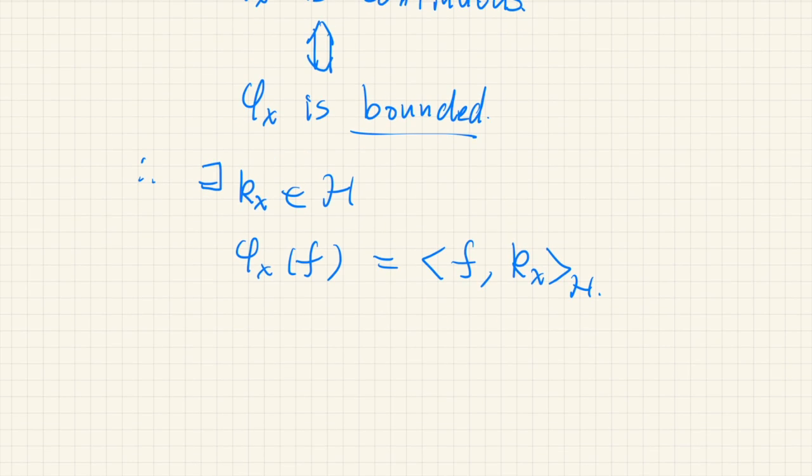Of course, this phi_x(f) is equal to f(x), so that means f(x) is expressed as the inner product between f and kx in the Hilbert space. So functional application can be expressed as an inner product, and that is a characteristic of a reproducing kernel Hilbert space.